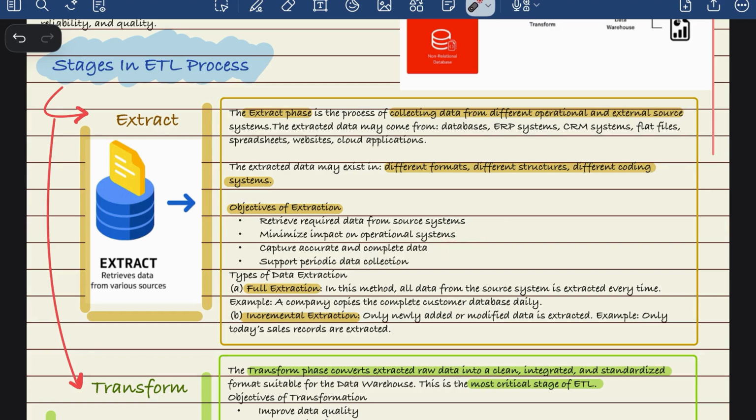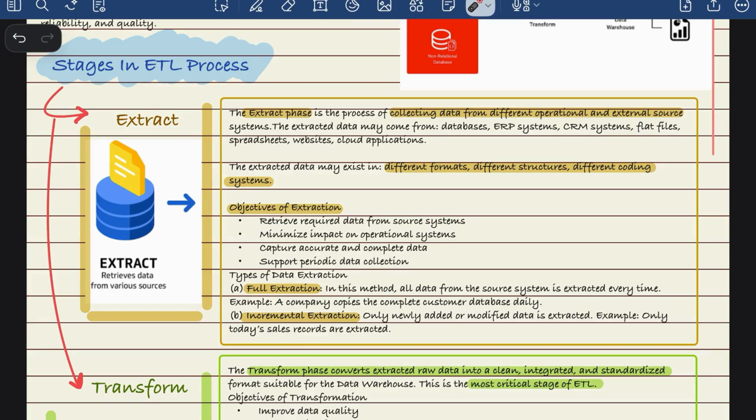Now you see, there are two types of extraction strategies. First is full extraction. What happens, we copy the entire source database every single time. For example, you have a grocery store, so you are copying that data every day. There were 10 lakh records yesterday, 5 lakhs added today, then 5 lakhs added the day before yesterday.